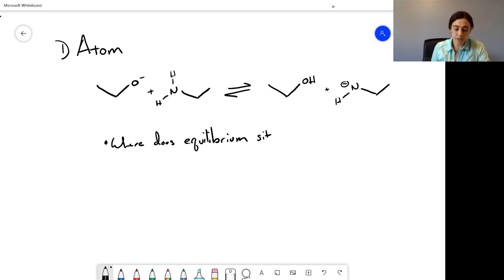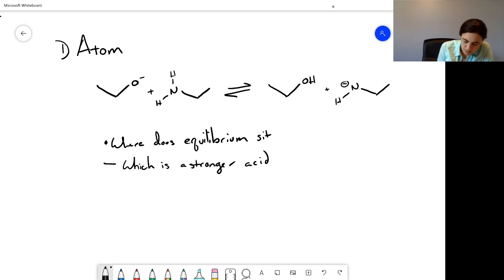And we can answer this by thinking about the pKa's of the acids. So to answer this question, we could ask, which is a stronger acid? Well, the first thing we need to do is identify which are our acids in this equilibrium. So this is an acid, and this is our acid. We're exchanging essentially this proton.